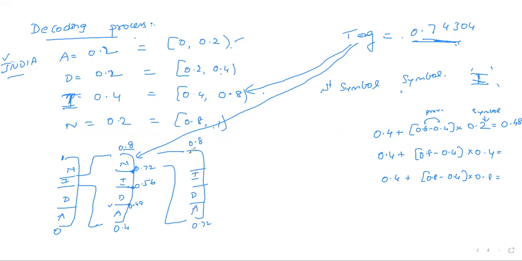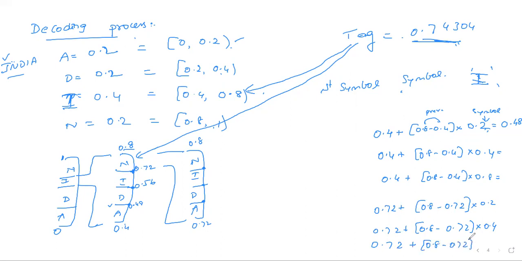I, N so far. Now we have to again calculate the intervals. These new intervals are: 0.72 plus (0.8 minus 0.72) into the symbol intervals 0.2, then into 0.4, then into 0.8.